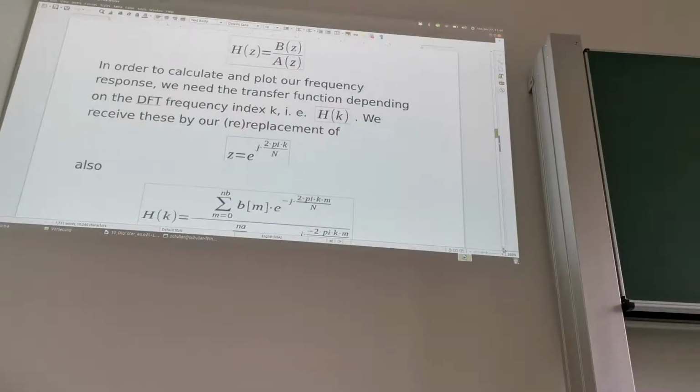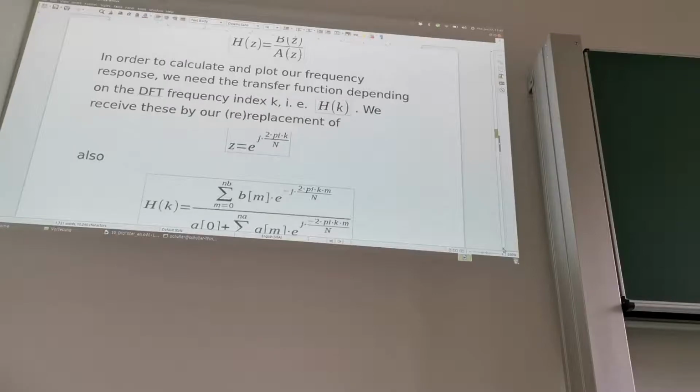Yeah, so if you want to calculate and plot our frequency response, we simply need to evaluate this transfer function on the unit circle. So basically we just need to replace z by e to the j 2 pi k divided by N. Right? So basically replacing it back.